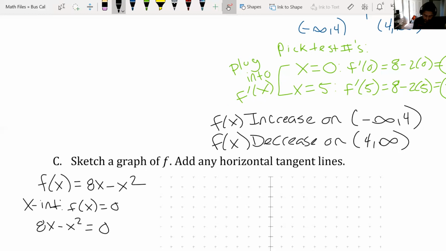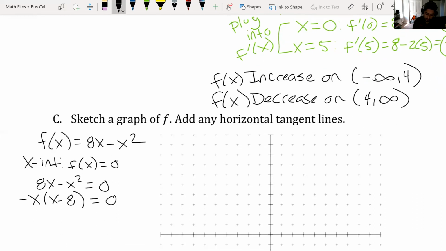Here I can take a negative x out, and that leaves me with x minus 8 equal to 0. And it's factored, so I set these equal to 0. I should get negative x equals 0, and x minus 8 equal to 0.